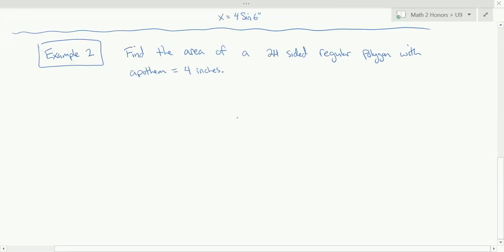All right, so I'm going to start working through this now. We got a 24-sided regular polygon. So the area of that is going to be 24 times the area of some triangle, right? And so if I start to sketch this polygon, it's going to have a bunch of sides.